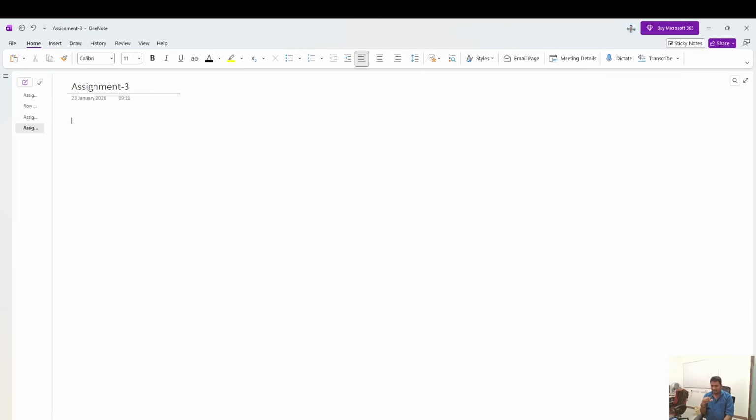Basically, in this assignment, there are two things that you have learned in class: Gauss elimination or Gauss-Jordan elimination method to solve a system of equations, and something called row reduced echelon form or echelon form.